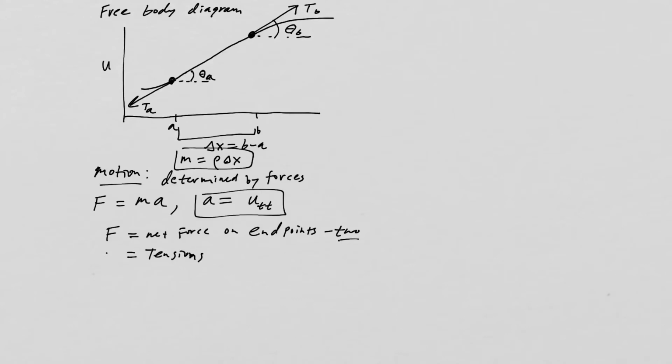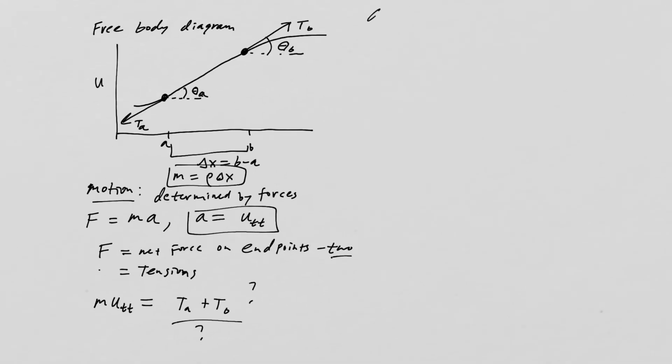Of course, we have to make some assumptions now. The idea here is that m times u_tt is going to be equal to T_A plus T_B. Something like that. But we have to fill in what exactly that means. So we're going to have to come up with a list of assumptions here.